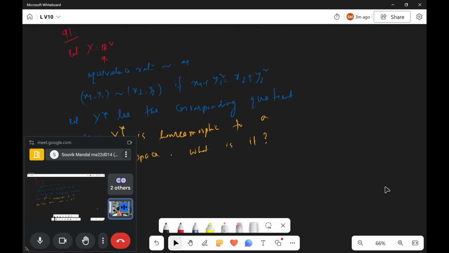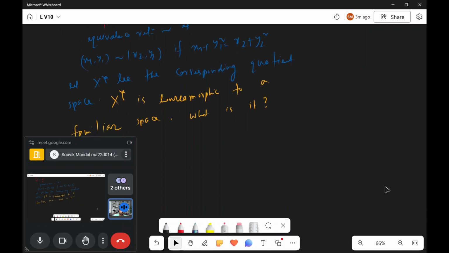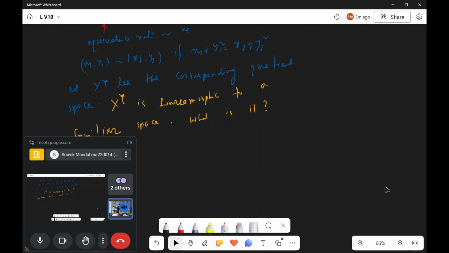Before thinking, let me put a few observations regarding this question. This is R2. This relation, x1 plus y1 squared equal to x2 plus y2 squared, means two points are related if and only if they lie on the same parabola of the following type.